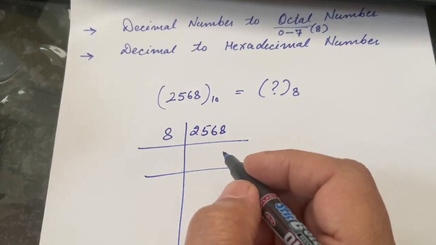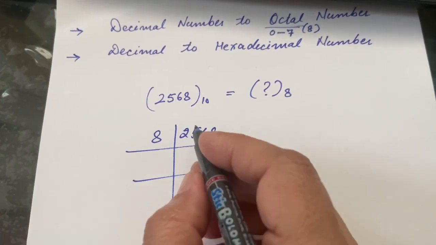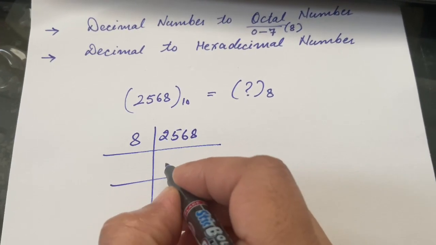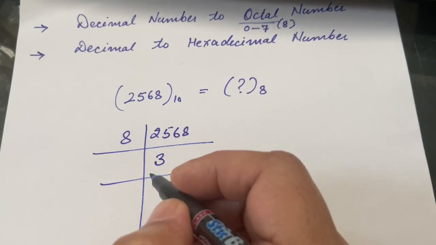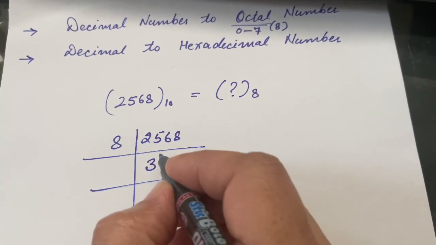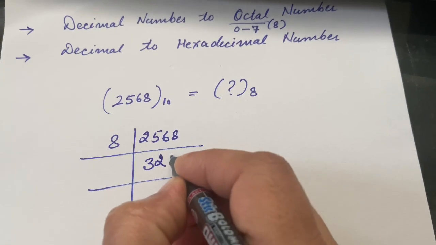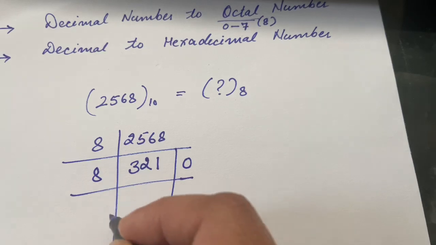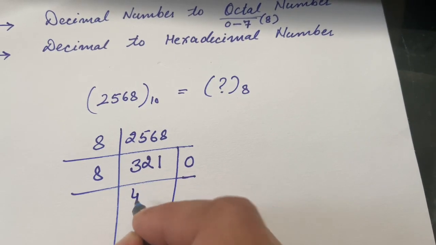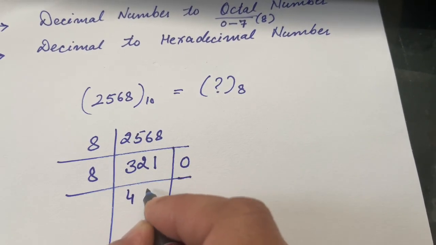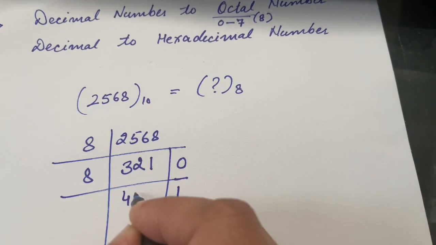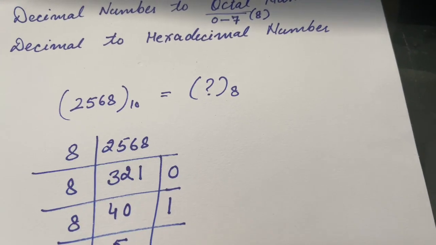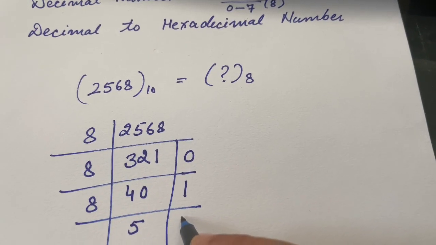Now see, we know 8 3s are 24, and then 8 2s are 16 and 8 1s are 8, so we will get the remainder 0. Now 8 4s are 32. Now this cannot be divided, so the remainder we will write here. 8 5s are 40 and the remainder is 0.